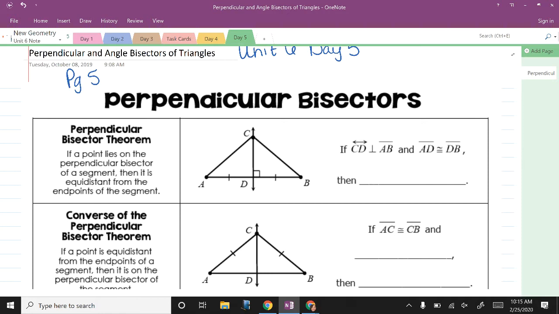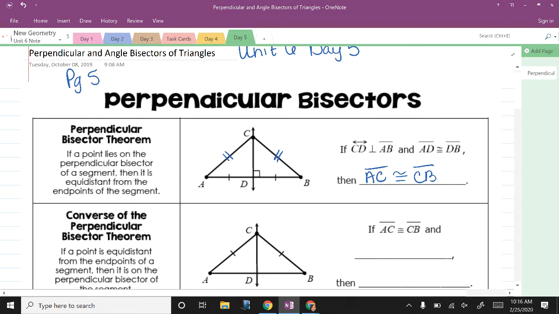So if CD is perpendicular to segment AB and it's bisecting that segment, making two congruent parts, then C is equidistant to A as it is to B. So these two segments are congruent. Therefore, AC is congruent to CB.